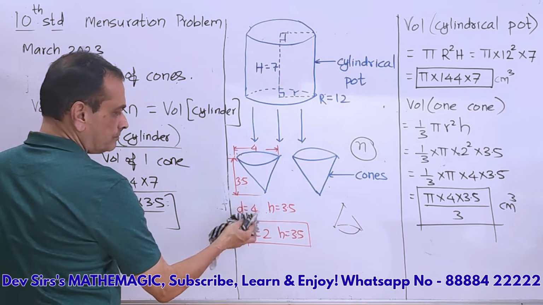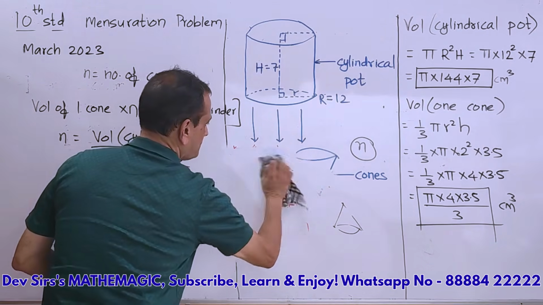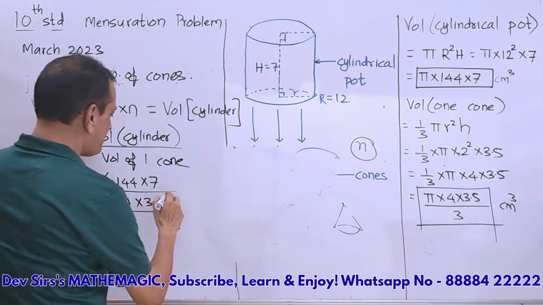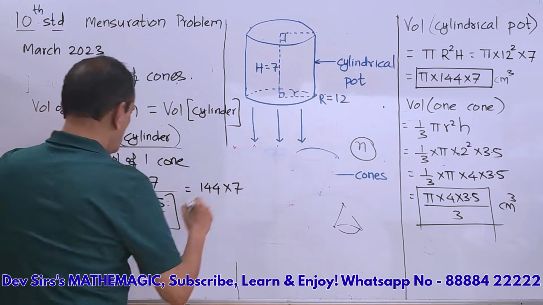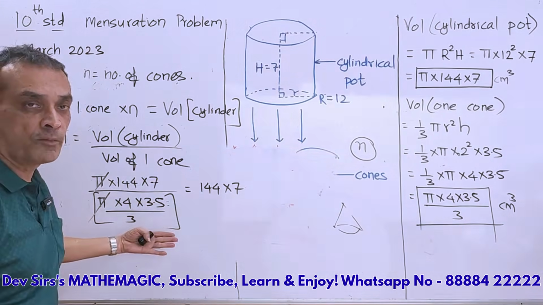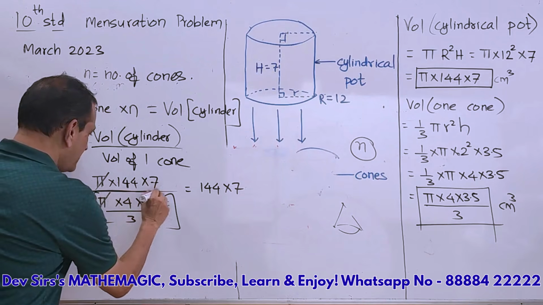Now rub this out. 144 into 7. Our favorite formula: numerator into reciprocal of denominator. So 144 upon 7 is the numerator. Remove this sign.